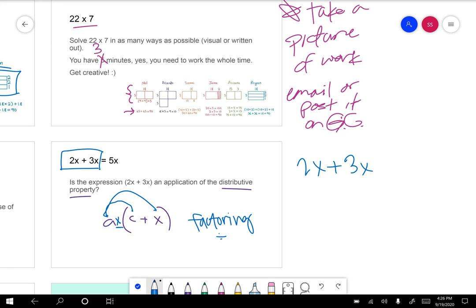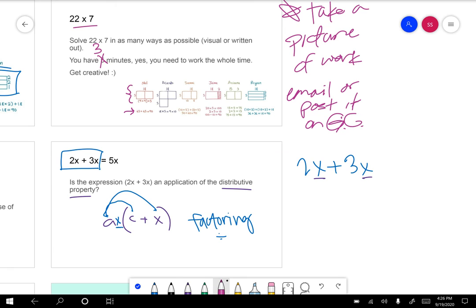Okay, so we're going to go over factoring a lot more later in the year, but this is just kind of a brief introduction. What you're going to do is notice the common term. Okay, 2 and 3 are not the same, but both of those terms have the variable x in them, 2x and 3x. So we're going to factor out or divide x out of that expression.